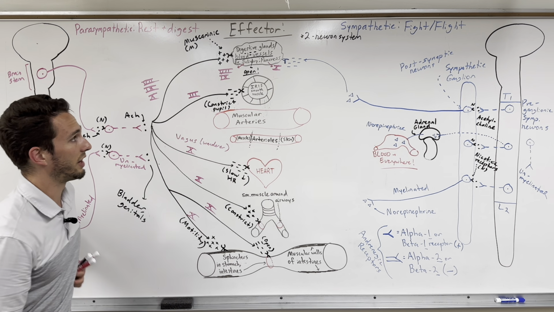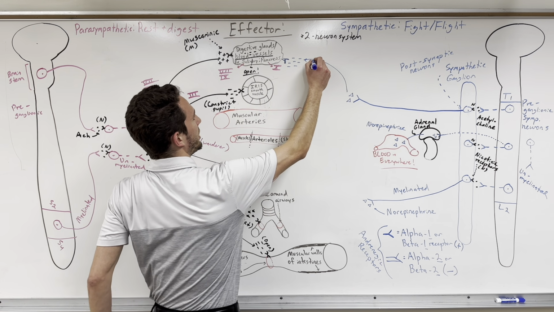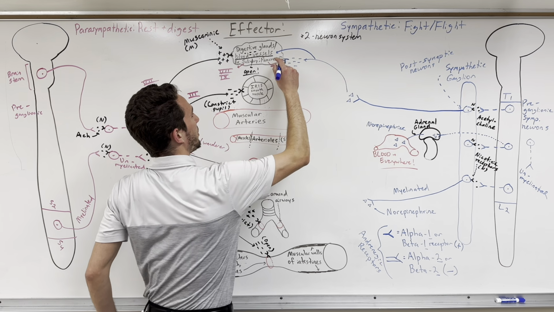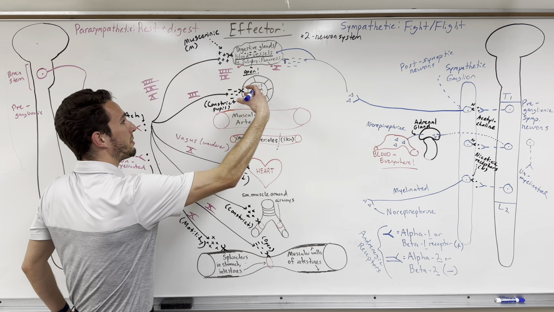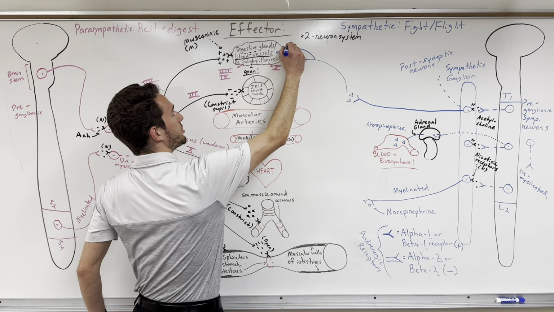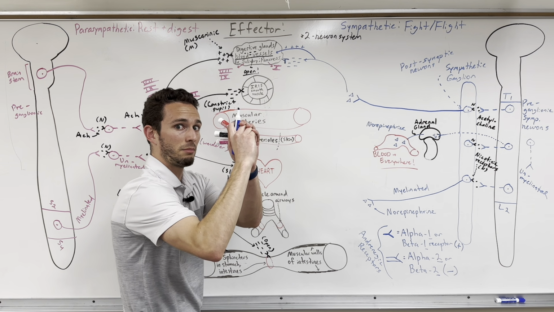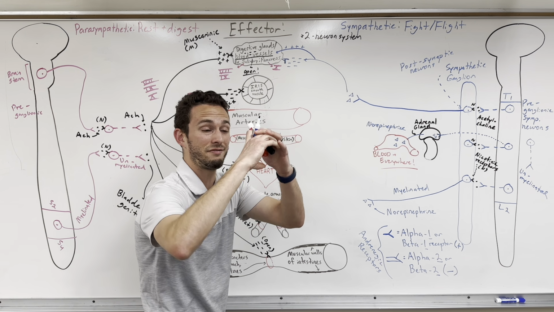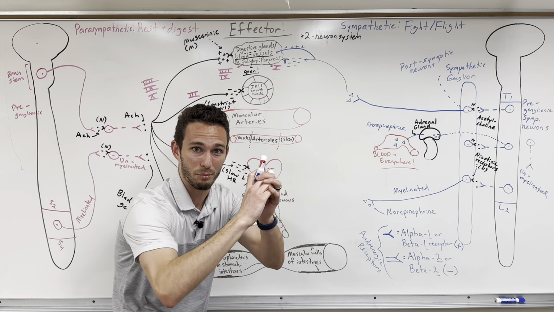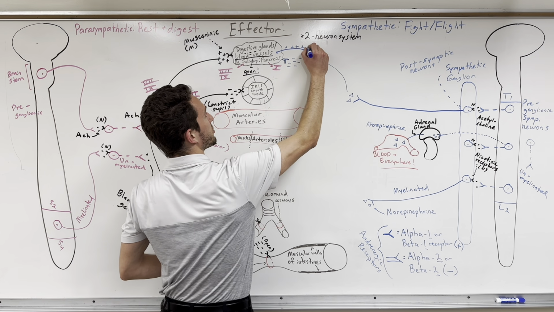Inhibit those digestive glands. Well, what's interesting is when we talk to the blood vessels, again, we don't care about absorbing food at this point. We're actually going to stimulate those blood vessels, thus constricting the muscles, narrowing them, because we're not focused on the intestines at that point. So we're narrowing the blood vessels.